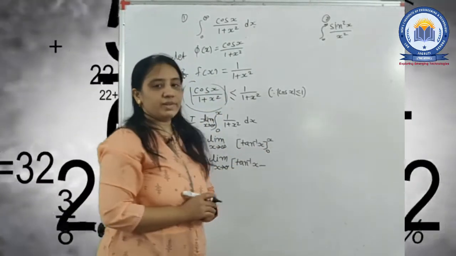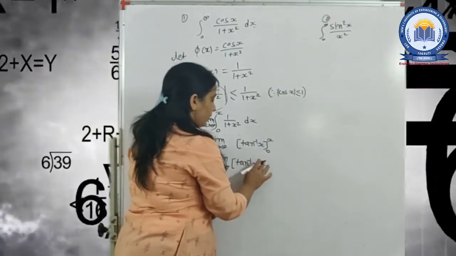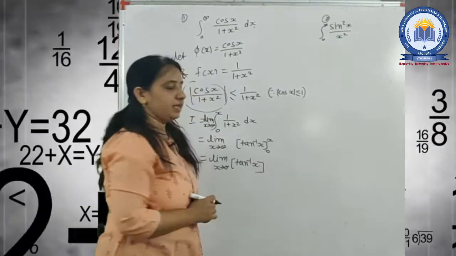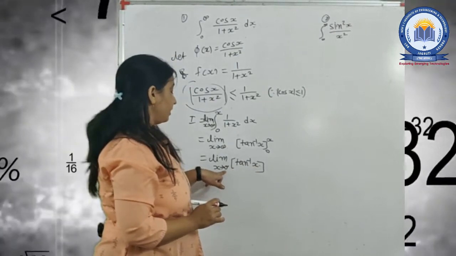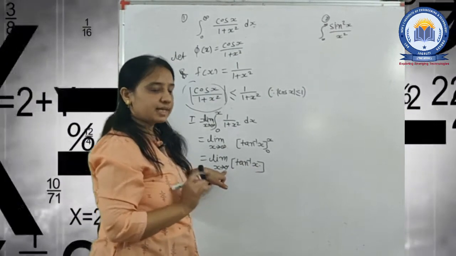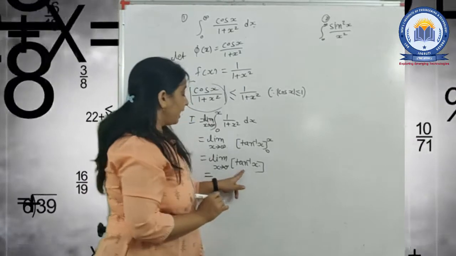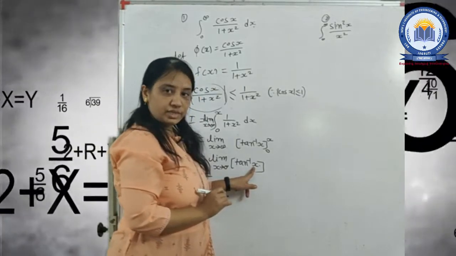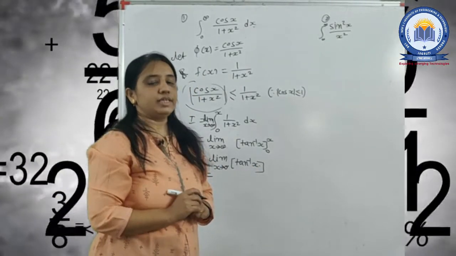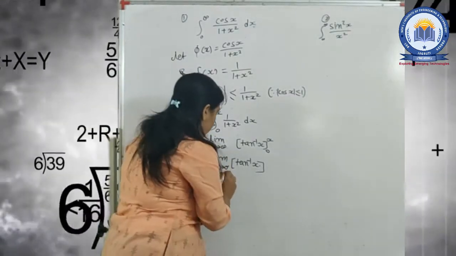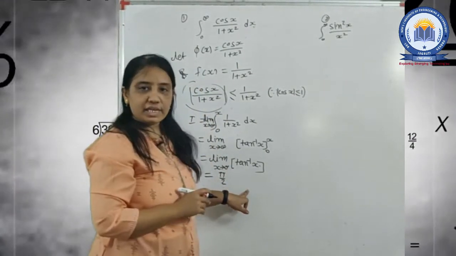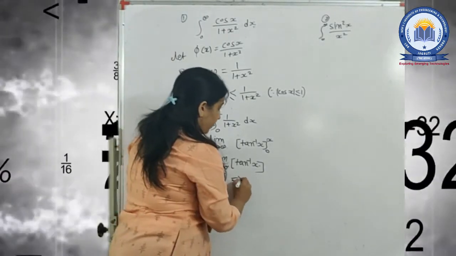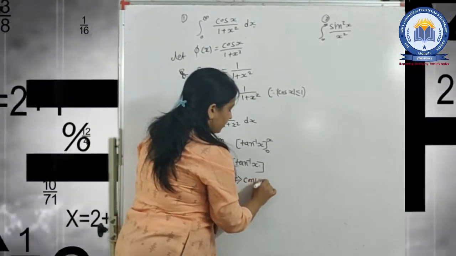That will become 0, so no need to write that, only tan inverse x. Now instead of x, we'll write infinity, the limit concept. So tan inverse infinity, that will be pi by 2, and that is a finite value. So we can say that it is convergent.